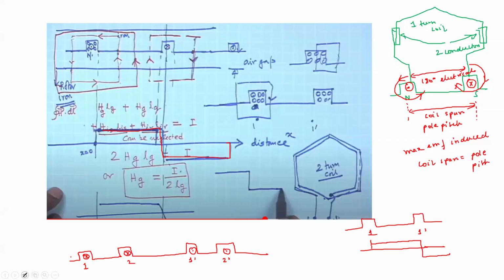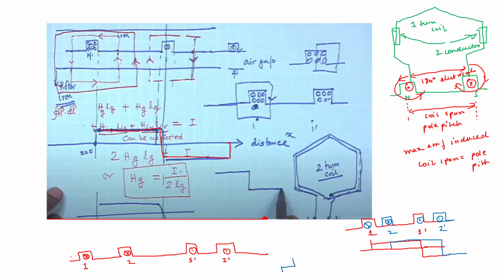And due to 2 and 2 dash, you will have MMF like this. So what will happen if you sum this up, you will get something like this.